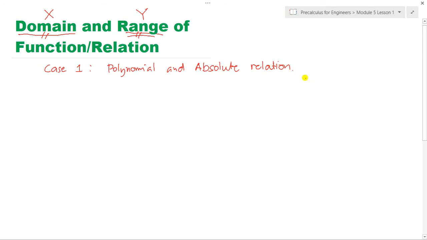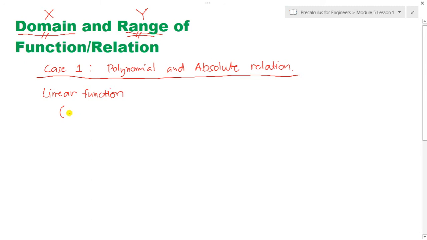For a polynomial and absolute relation, class, we have steps or a method. Okay, so again, what is the simplest form of our polynomial equation? The simplest form is the linear expression or the linear function. I hope you learned this from the previous lesson, since we're already talking about linear equations.